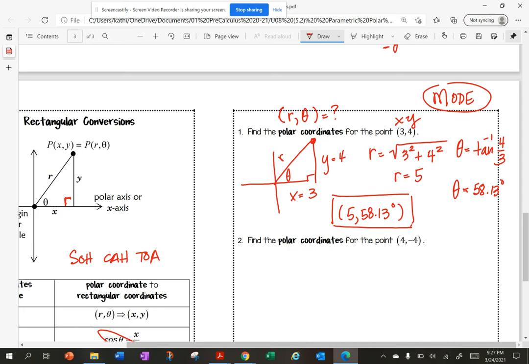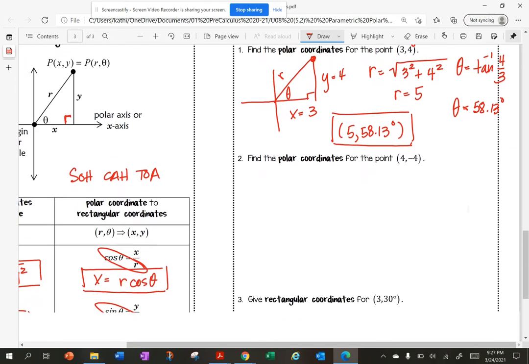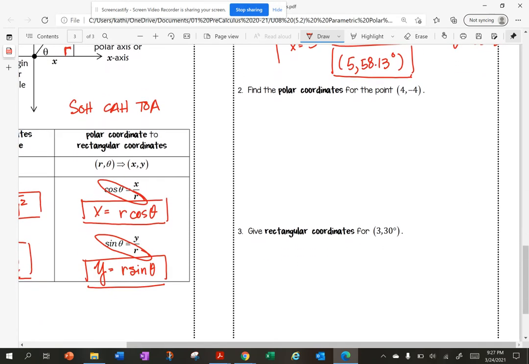Okay, let's try another one, not in the first quadrant. Okay, so just draw a sketch. So (4, -4). This puts me in the fourth quadrant. So I know x is 4, y is -4.